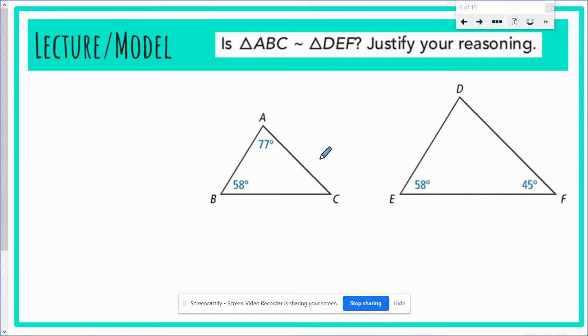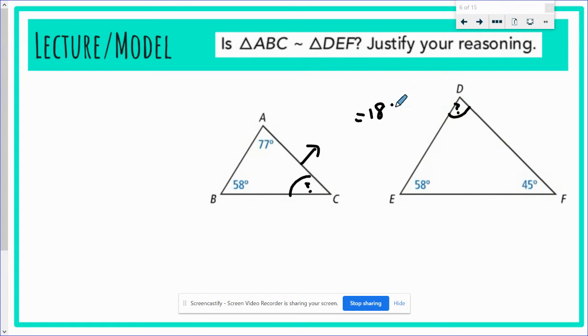So I have here triangle ABC with angles 58, 77, and we don't know this one, but we're going to find it out. And then I have triangle DEF with angles 58, 45, and we need to find this angle here. But we can do that because we know that angles in a triangle add up to 180.